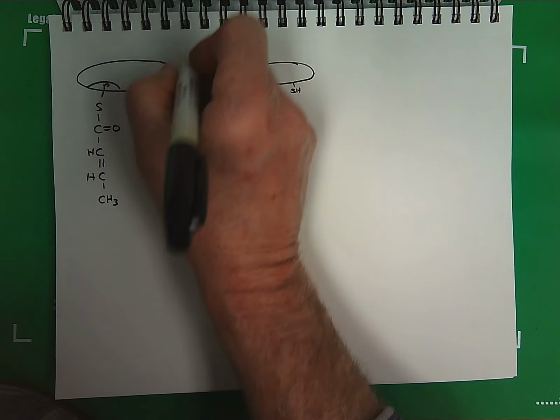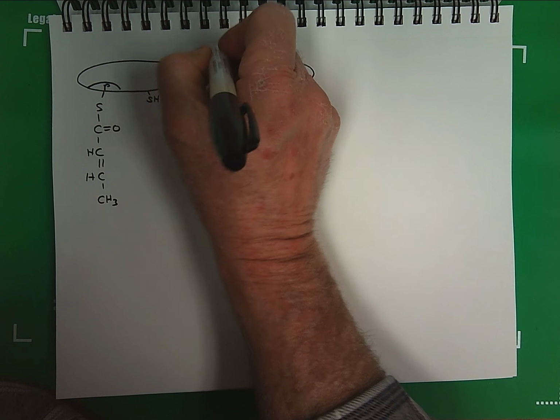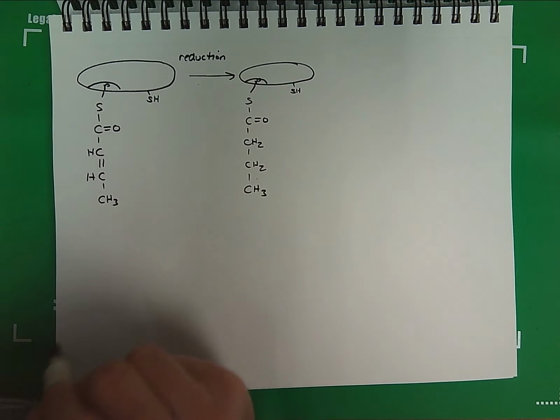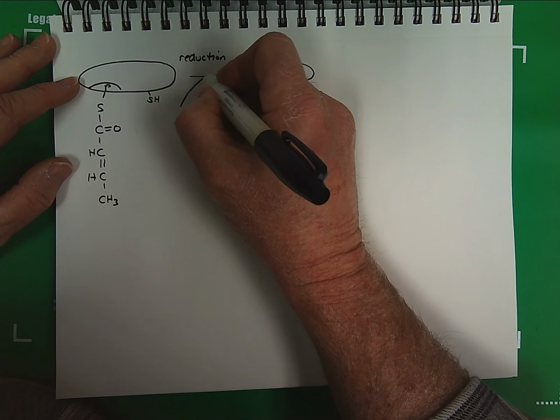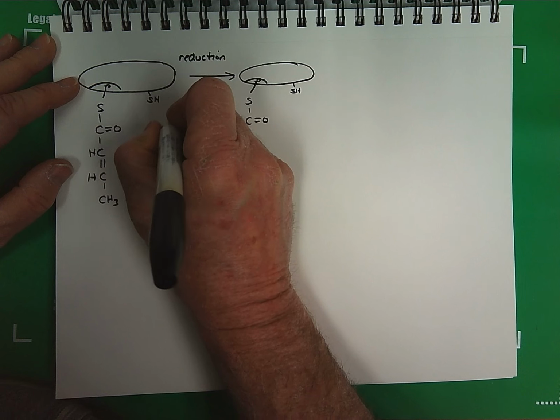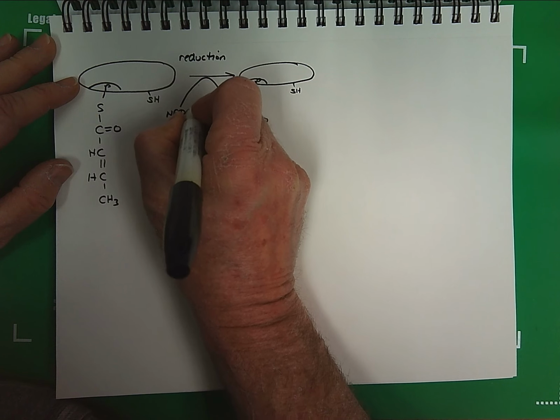Now, being a reduction reaction, we're going to need a partner that is performing the reduction. And again, this is where we'll be using more of our NADPH.